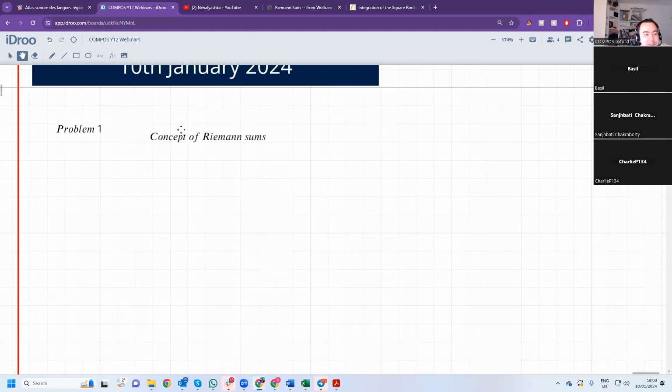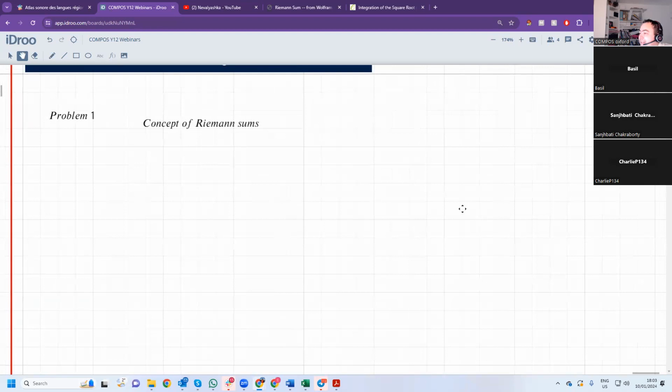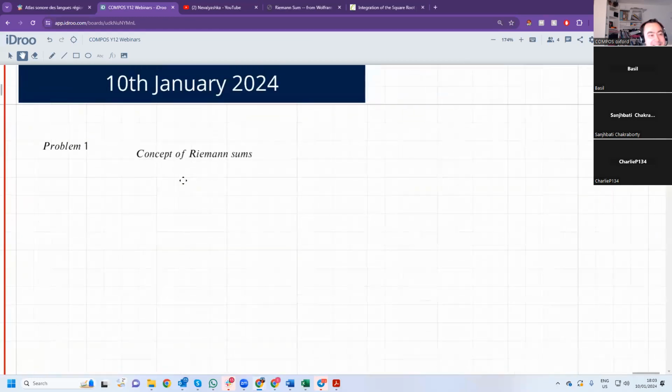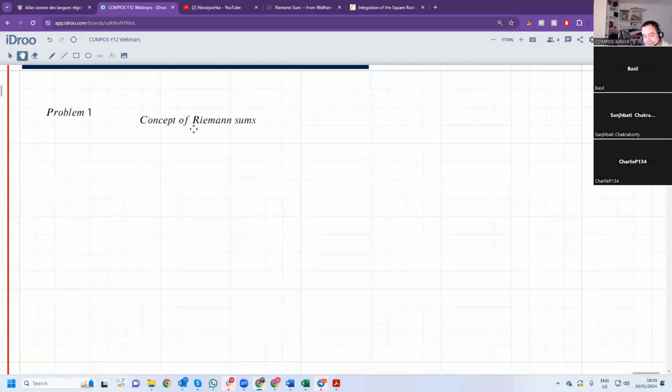It's okay to type 0. A lot of ones, some 0.5, okay. 0. Anything else? A Riemann sum. What is a Riemann sum? In a way, it is the sigma.